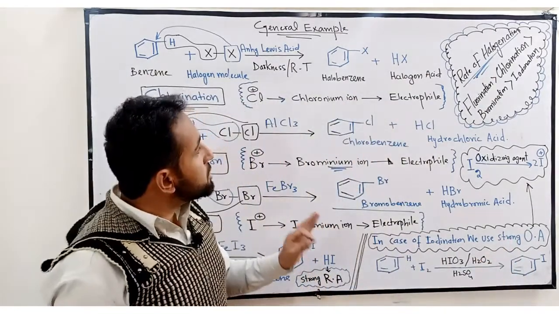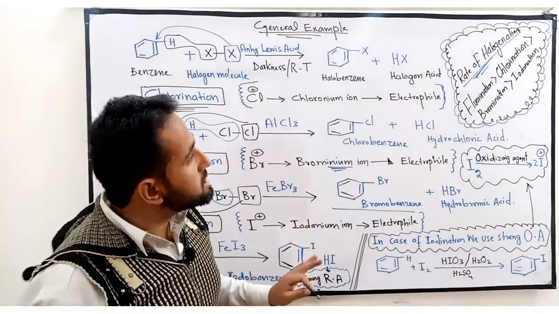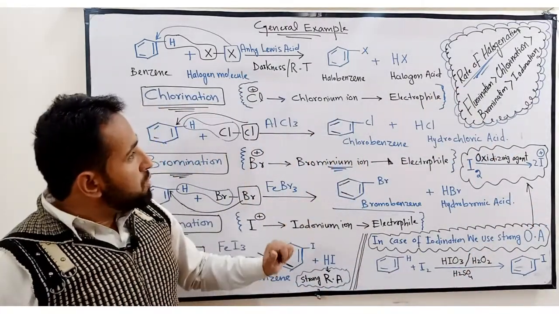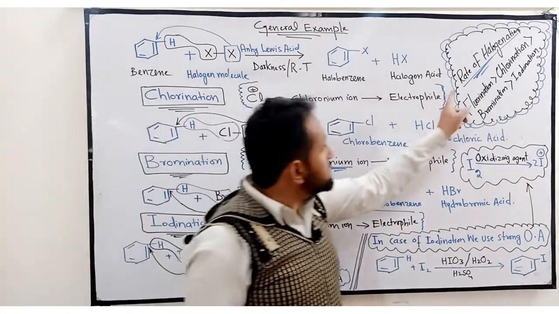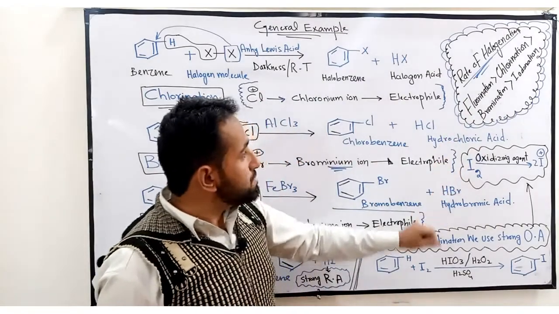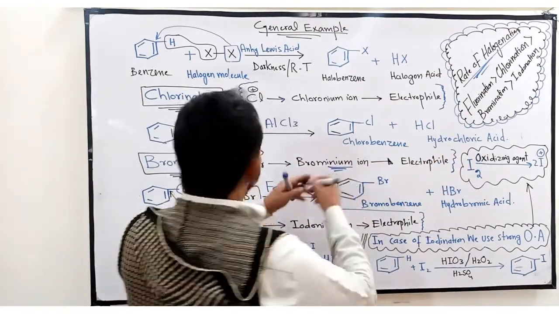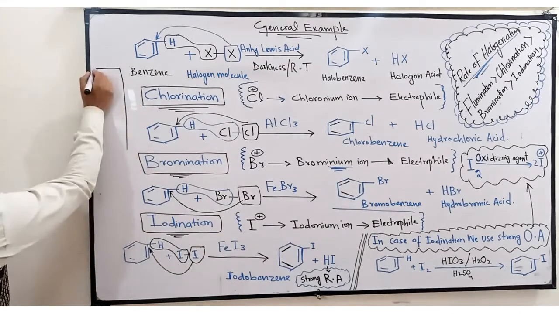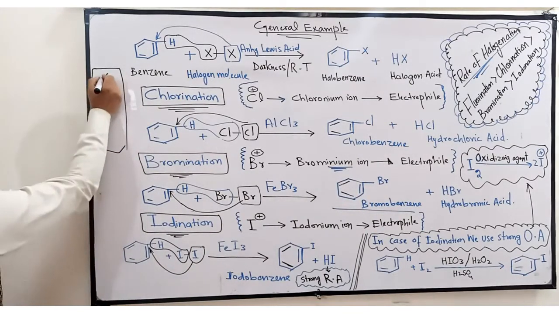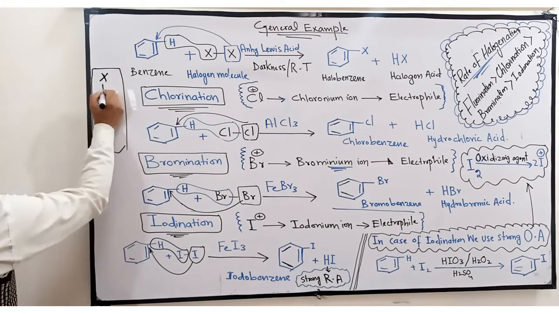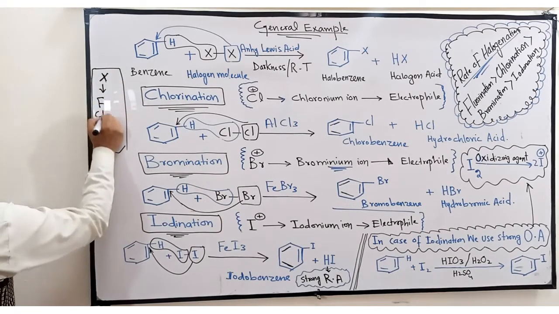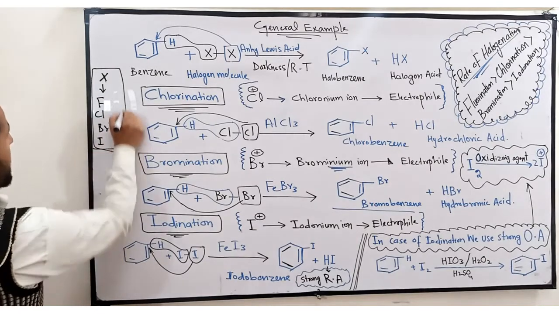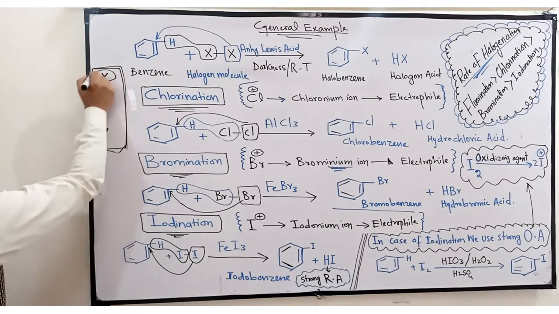What is the rate of halogenation, what is the order? We have to remember that the halogen family contains the atom X; basically halogens are fluorine, chlorine, bromine, iodine. Astatine is radioactive, therefore I am not showing it here.